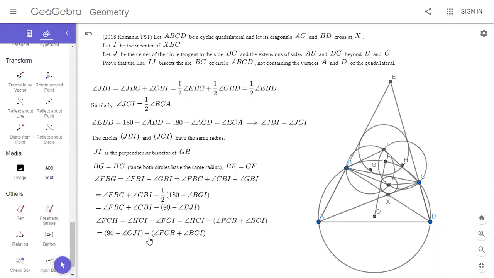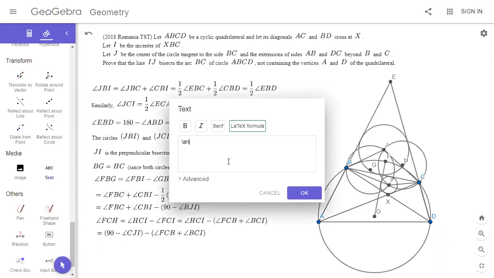And I think when we combine them, we get that they are. So basically, we have angle FBG is equal to angle FCH if and only if, it looks like, I think it's really just an angle chase at this point.